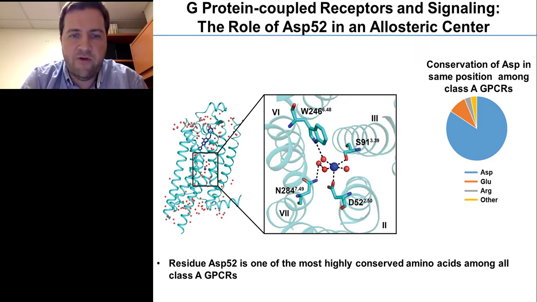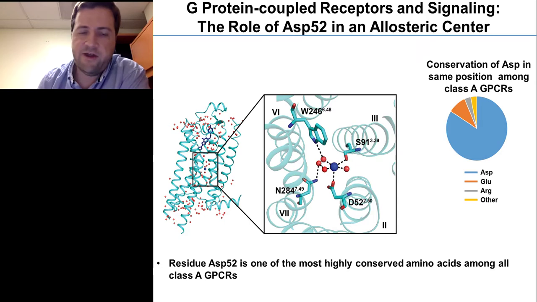Aspartic acid 52 is at the bottom of this cluster, and this residue is highly conserved among all class A GPCRs, which is the rhodopsin class of GPCRs, and which is a majority of GPCRs. Now, something like 85% or more of different class A GPCRs have this aspartic acid 52, this charged residue. If they don't, they typically have another charged residue, such as glutamic acid, in its place.